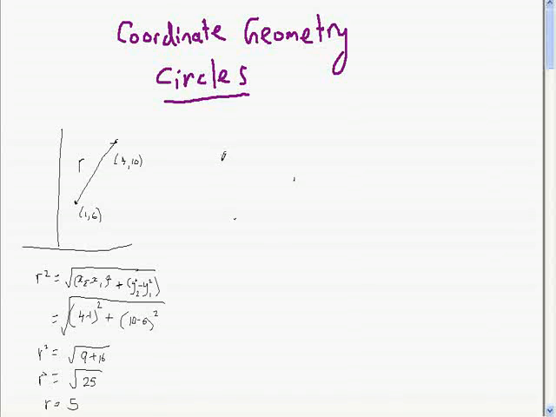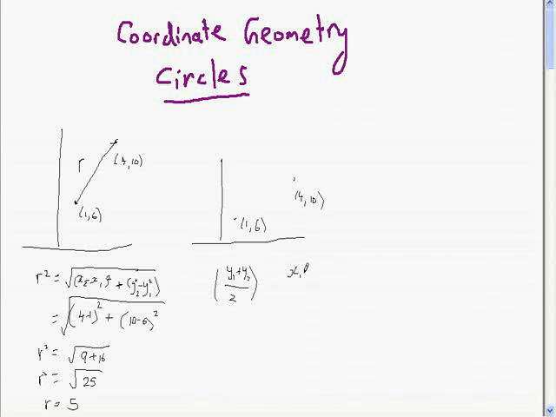The other rule that you ought to be very thorough with is to work out the midpoint between two points. I'll again use the same coordinates, 1, 6 and 4, 10. To work out the midpoint, you do x1 plus x2 divided by 2 and y1 plus y2 divided by 2.